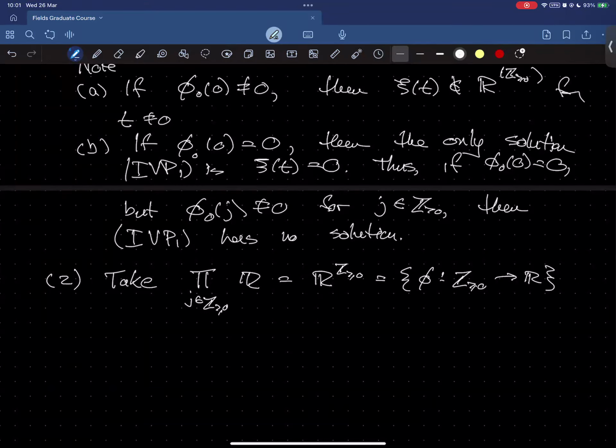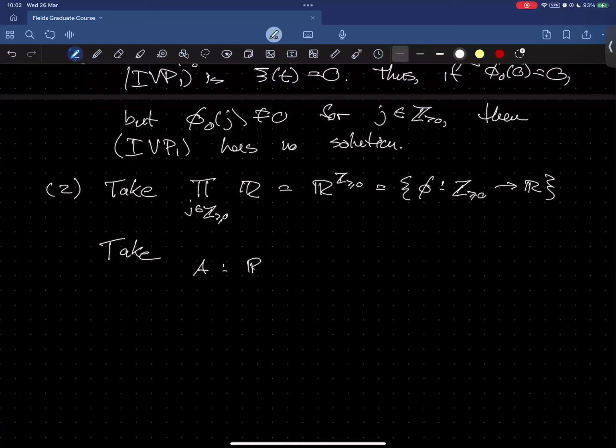Okay. All right, so on that space, we're going to again define a differential equation, which is going to be linear and continuous. So this is going to take some element of the product, and in the previous example, we had a right shift.